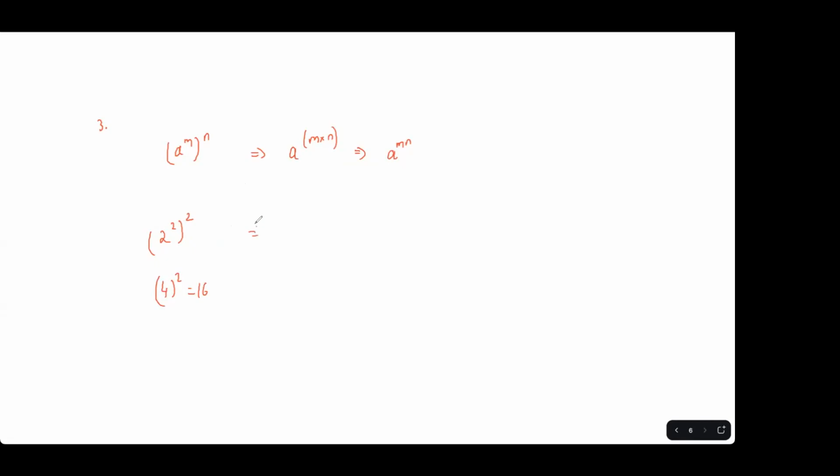But using this, what we'll write? 2 raised to 2 into 2, which is 2 raised to 4, which is also 16. Understood? So this is the third one.